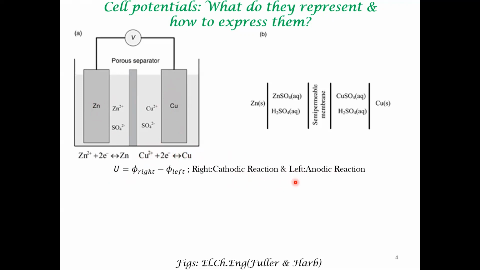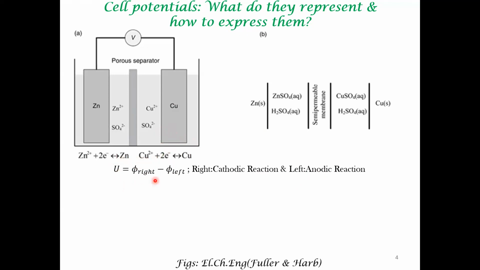Because of such a representation, when you look up the electrochemical potentials for these reactions, you would see that this is a more positive quantity. Eventually, we'll get the cell potential to be a positive quantity. This might even be a negative quantity, but the negative of a negative number will be a positive quantity.